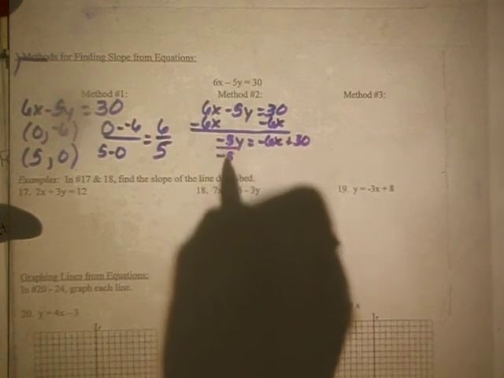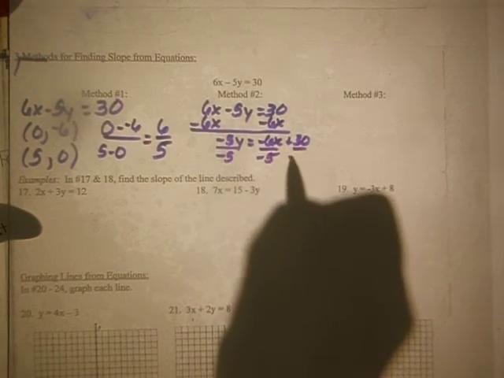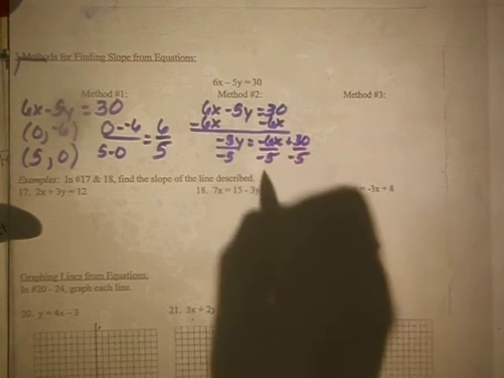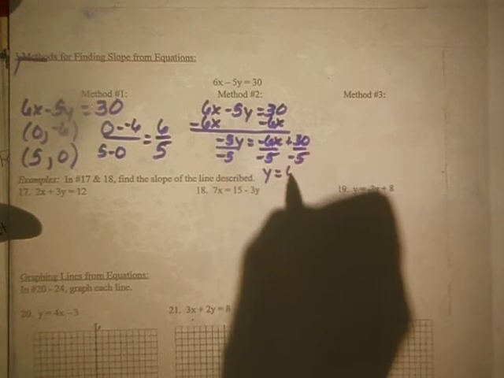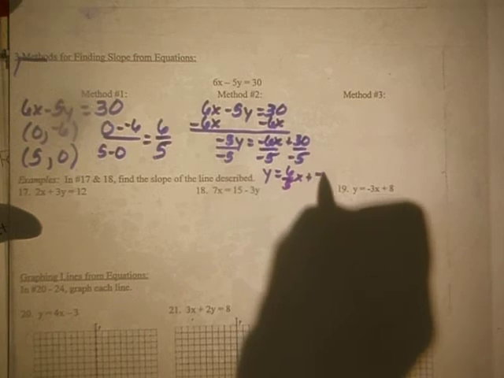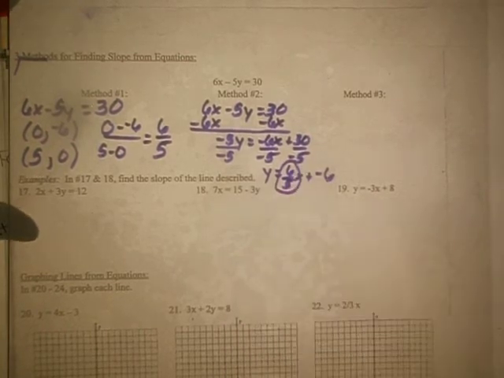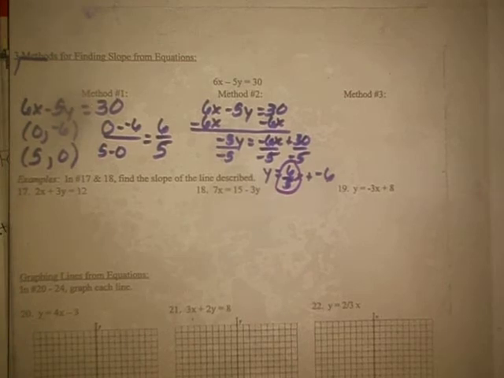From there, if we divide everything by negative 5, we end up with y equals 6/5 x plus negative 6. And once again, our slope will be 6/5.